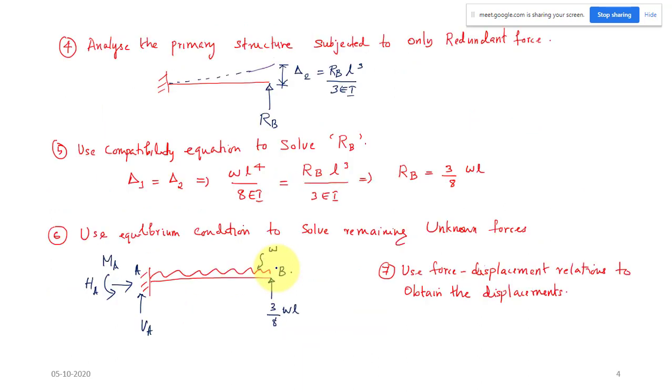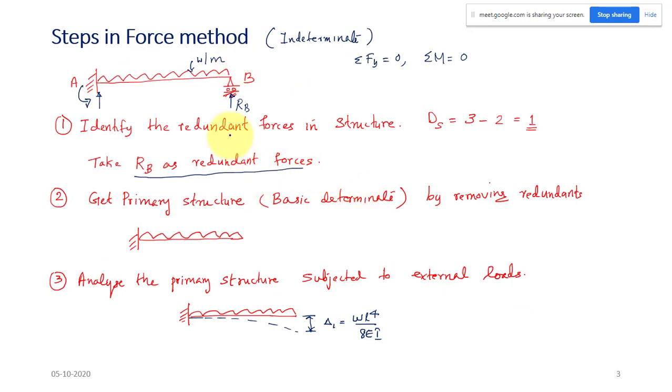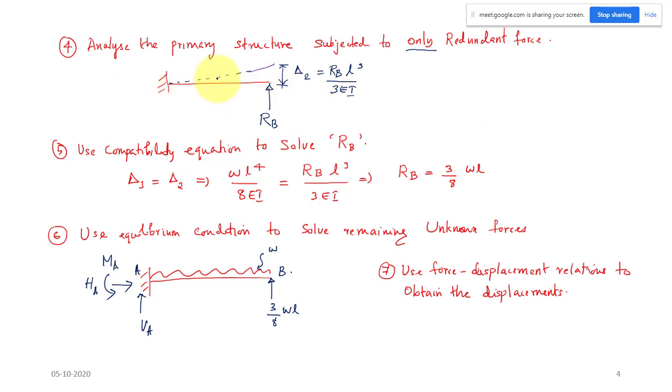The fourth step is to analyze the primary structure subjected to only the redundant force. So now I am applying the redundant force as an external load. I already know that there will be a reaction RB, that is my redundant force. There is no external load at this stage.